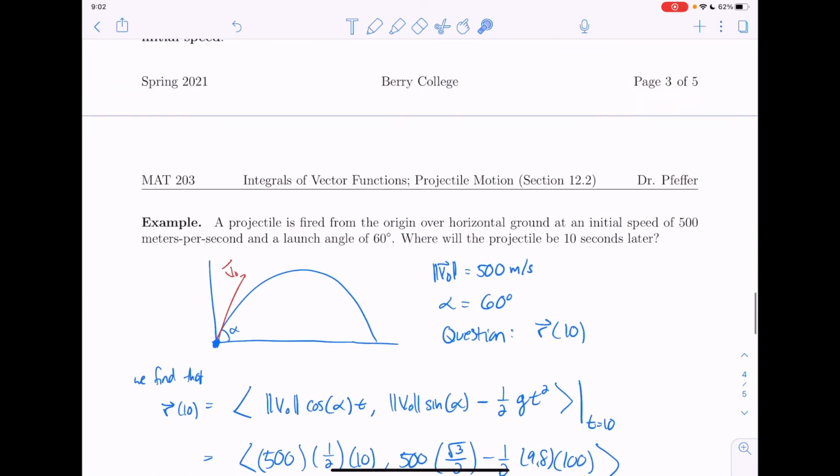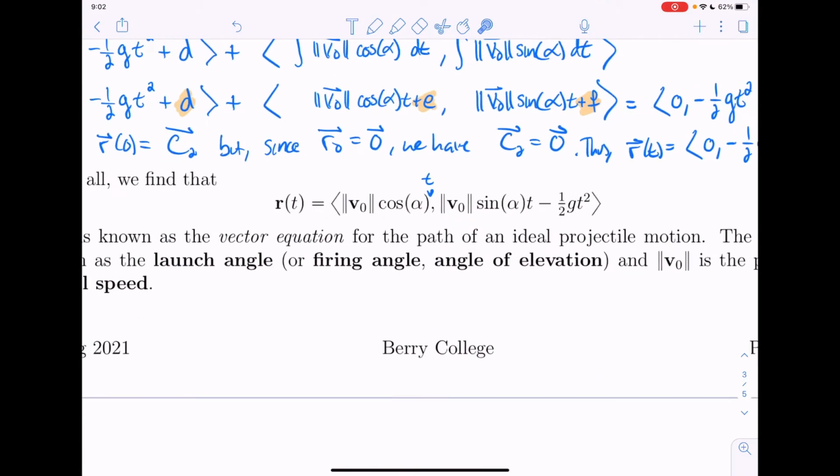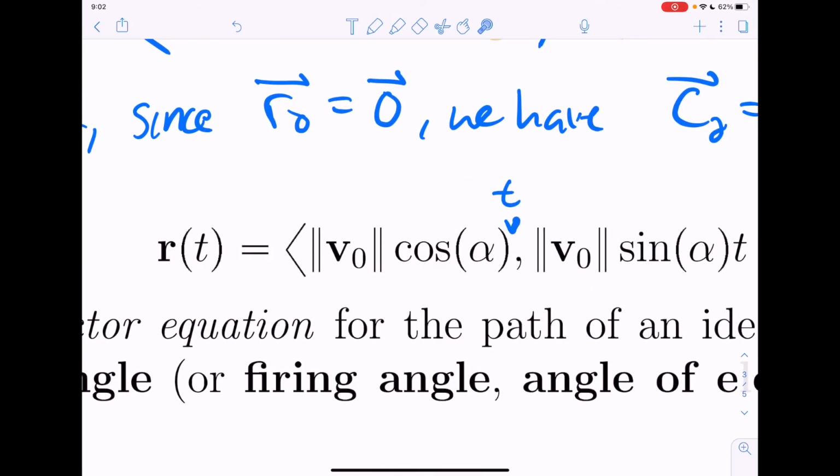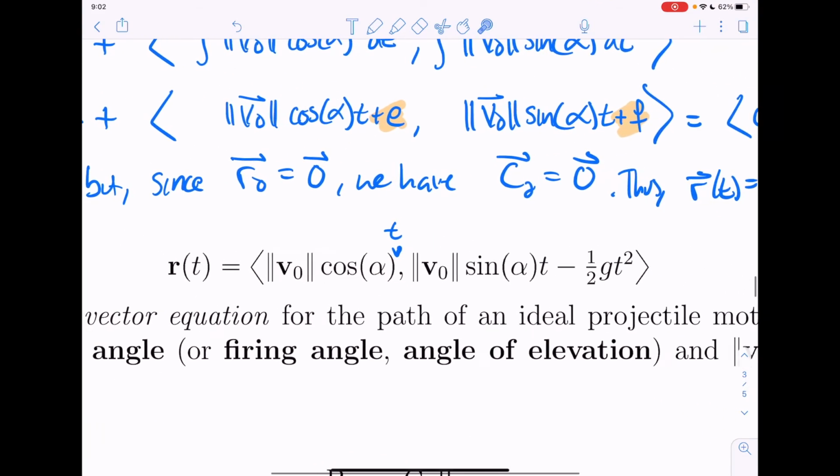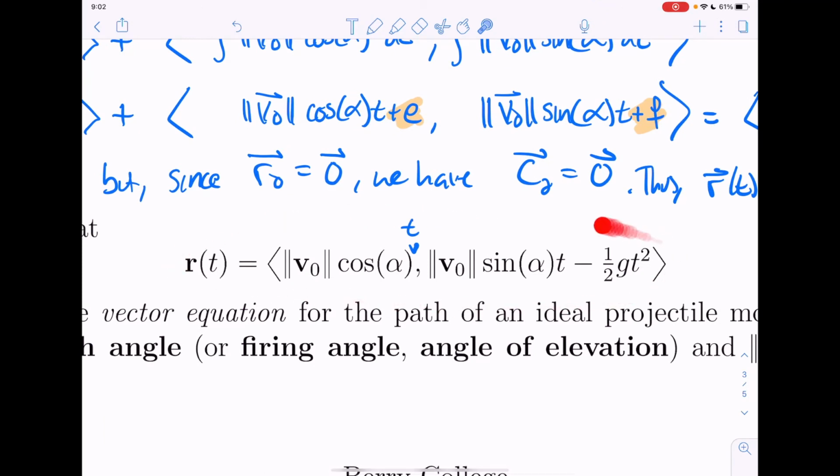Because if I come back up here to this equation right here, if I make it my goal to take this parametric equation and eliminate the parameter, that would amount to taking x equals this first component and solving for t. And once I do that, I want to substitute that into the second component.